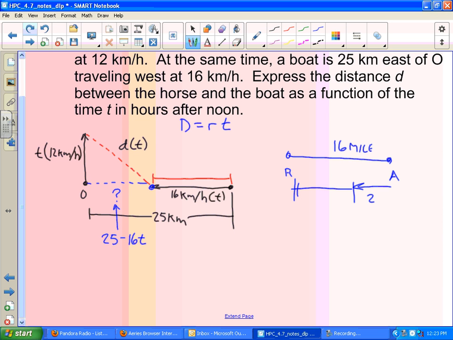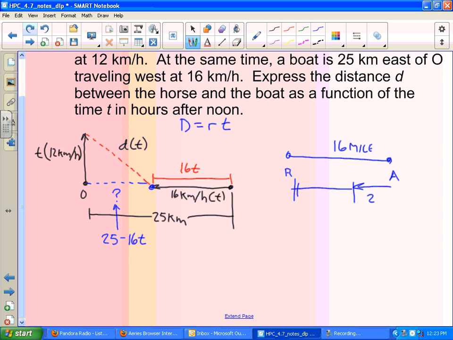How do we do that? We just subtracted, right? We took the total distance and we removed what we knew. That's the same thing that happened here with the blue. At 25 kilometers where the boat started, the boat has already traveled a distance of 16t. They've already traveled that distance, which means the leftovers have to be 25 minus 16t.